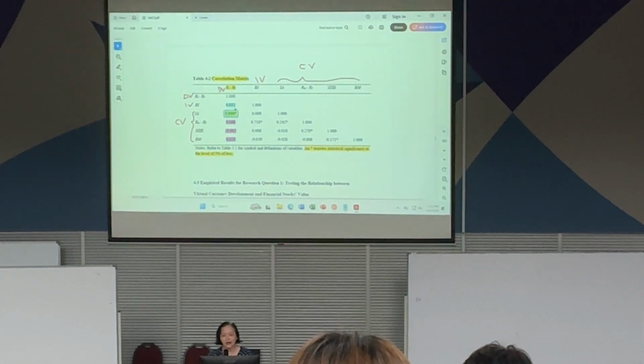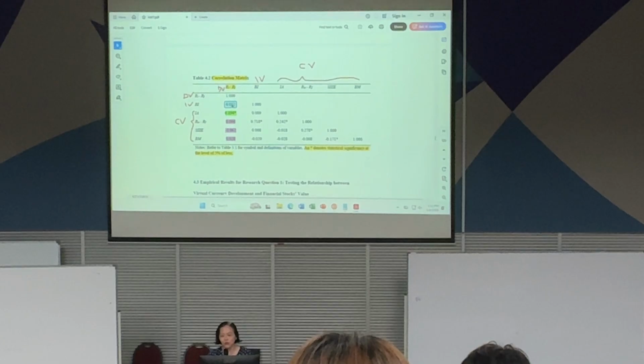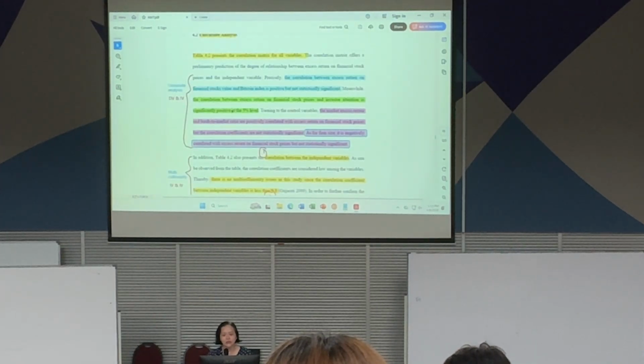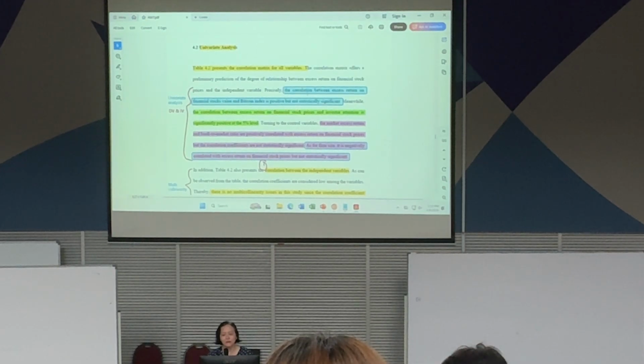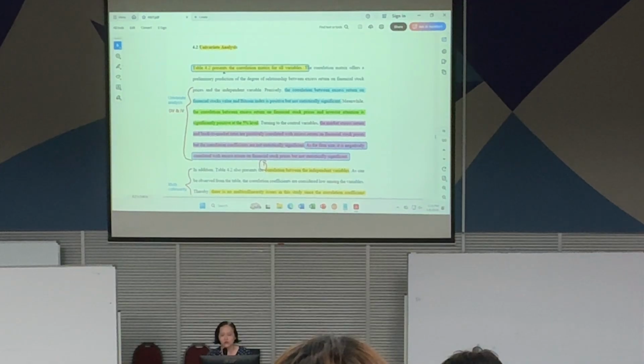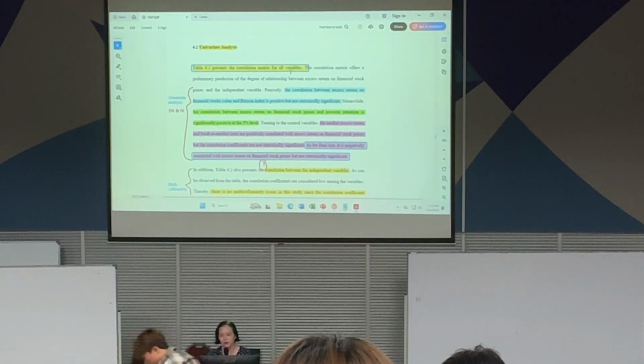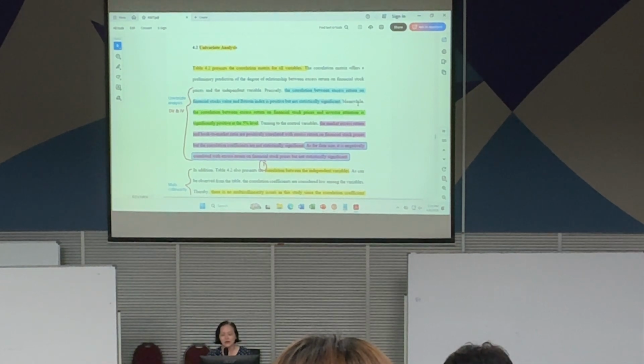Example, I look at the blue one. The blue one is the correlation between my DV, this is my DV, and my IV is BI. Okay? You see how I interpret that? Remember, this is positive 0.32 but no star, isn't it? Not significant. So you see my notes, I use color-coded. But before that, of course, introduce the table again, right? Table 4.2 represents the correlation matrix for all variables. Let's see the blue one, how I interpret.